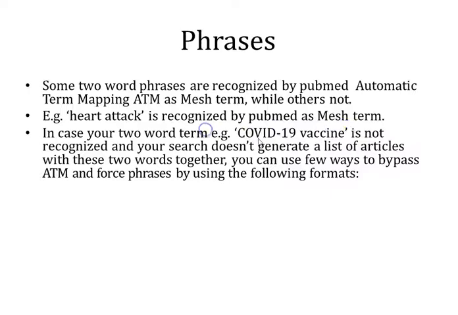That's why if you search for articles by writing COVID-19 vaccine, it will bring articles without combining these two words, because PubMed has not recognized these words to be together as a term. But there are a few ways in PubMed where you can force PubMed to bring articles with these two words together.